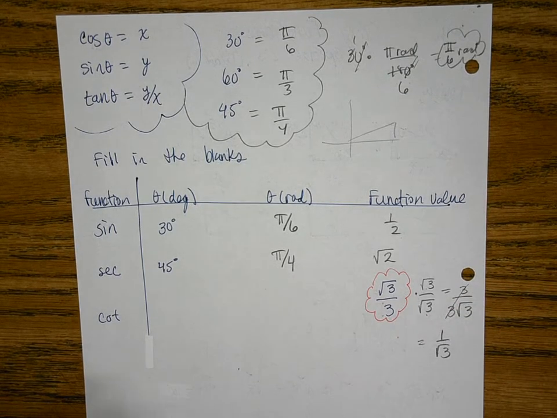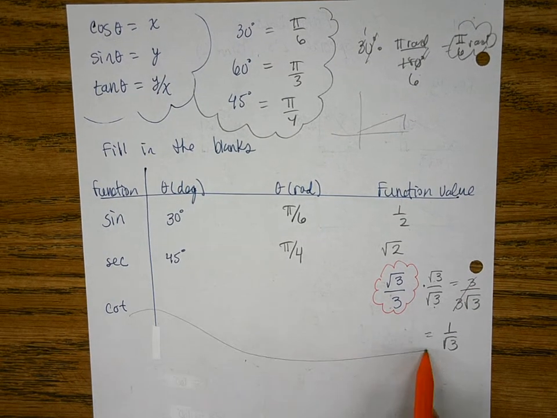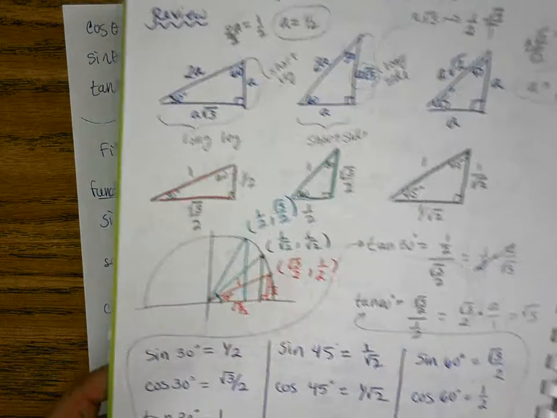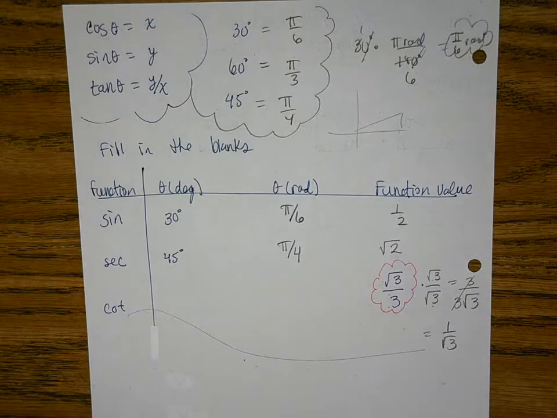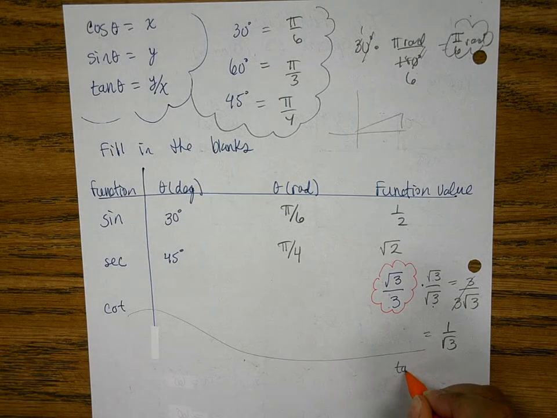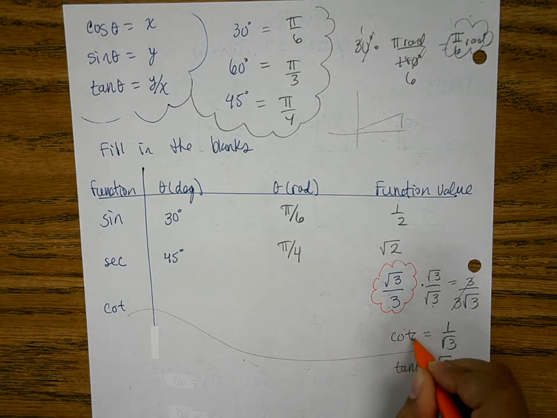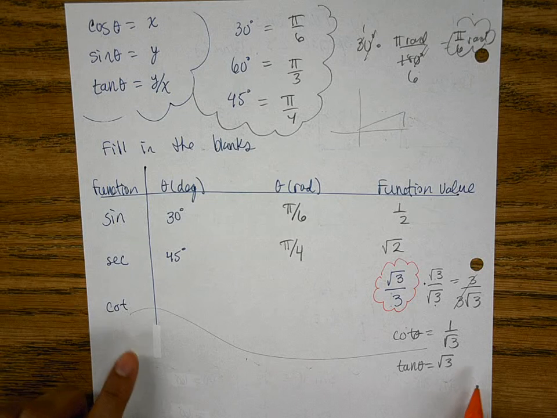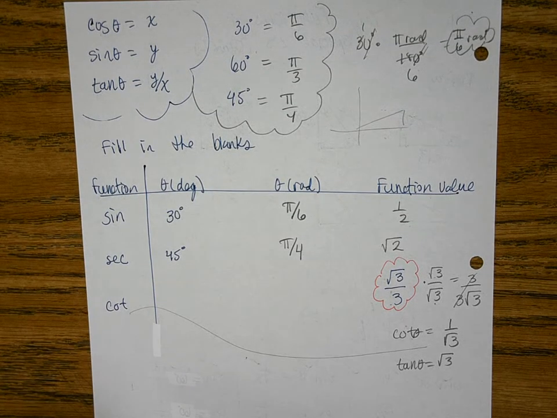Some of you can probably do that in your head. But remember, if this is cotangent, we don't have cotangent on our chart. We only have tangents. So you're thinking, well, then tangent of theta must be root 3. If cotangent theta is 1 over root 3, then tangent of theta must be root 3.